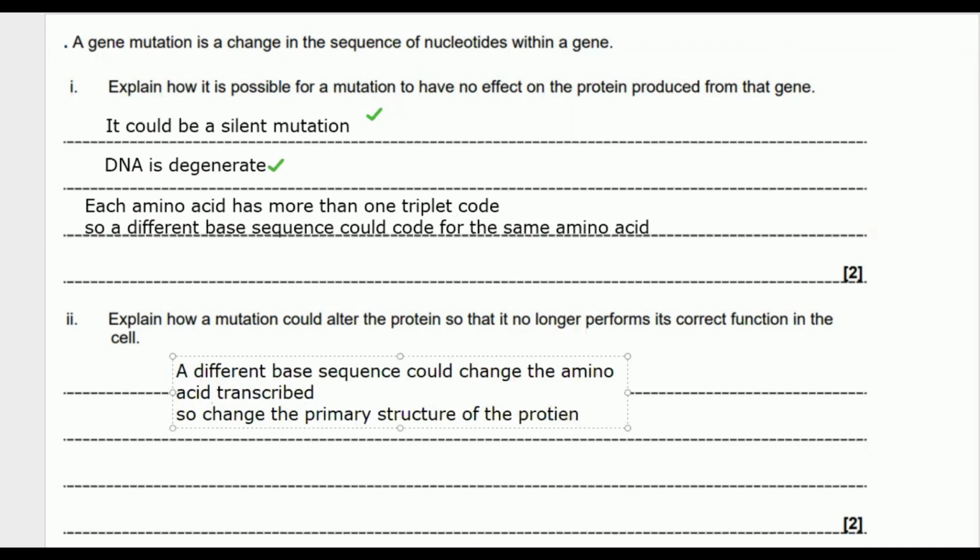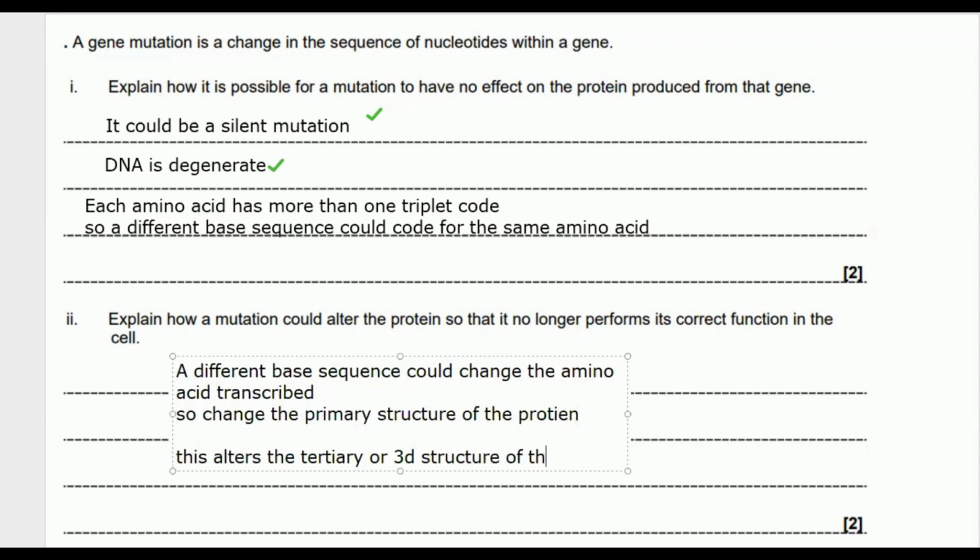Now, if you have a different primary structure, it means your R groups are in different positions and we get different interactions, hydrophilic, hydrophobic, ionic, covalent, whatever. We get different interaction between those different R groups. And therefore, this alters the tertiary or 3D structure of the protein.